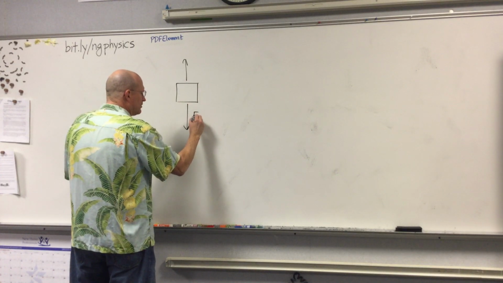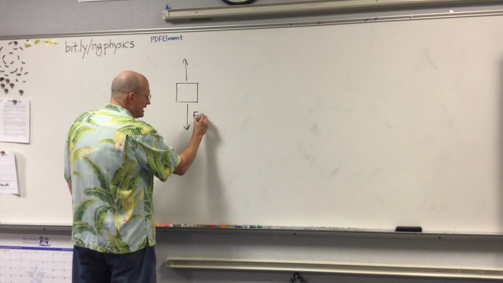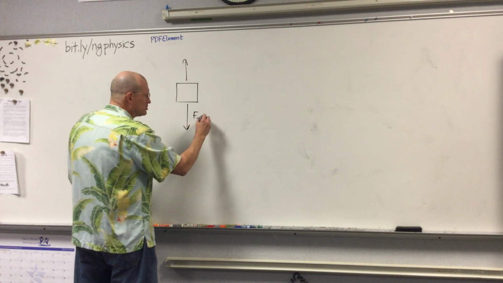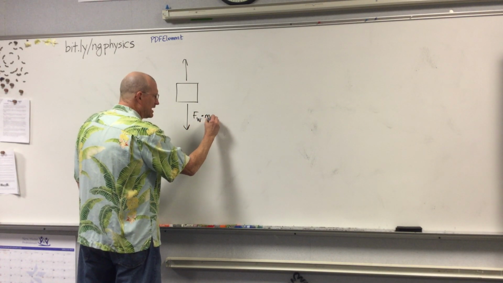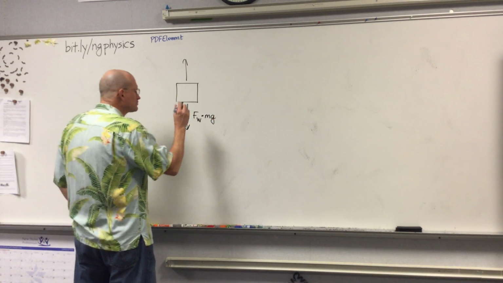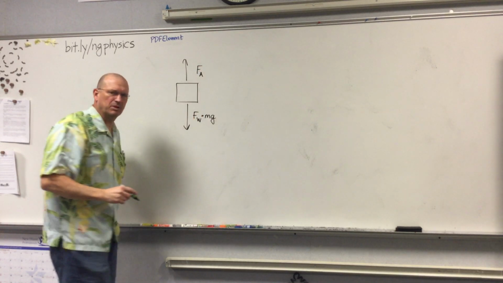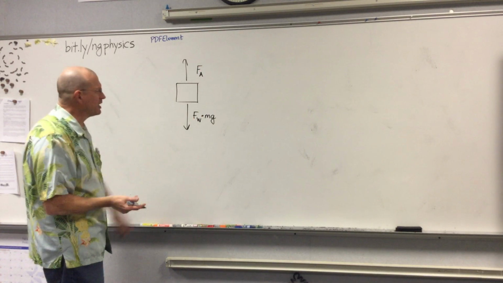The down arrow is FW, which remember stands for weight, and if you have enough information, the way you would calculate that is mass times the acceleration due to gravity, and then this arrow that points up is this thing that we call the applied force, which can come from a variety of places.